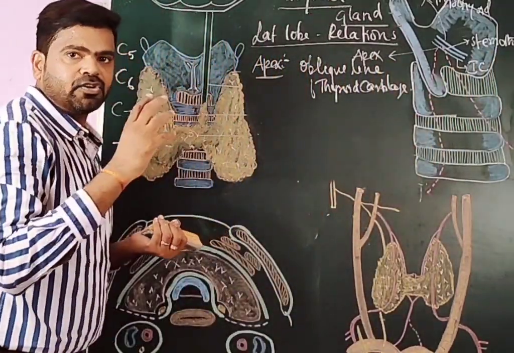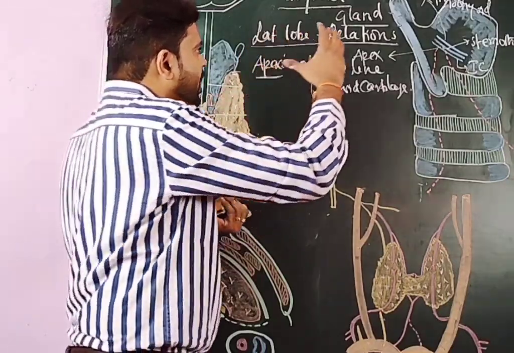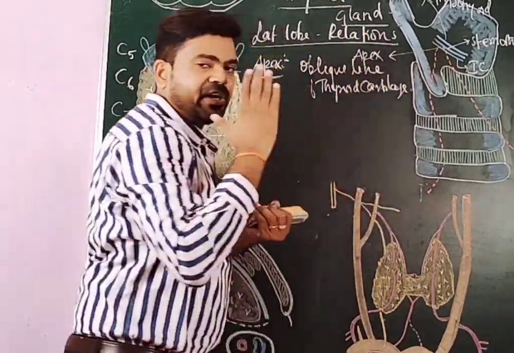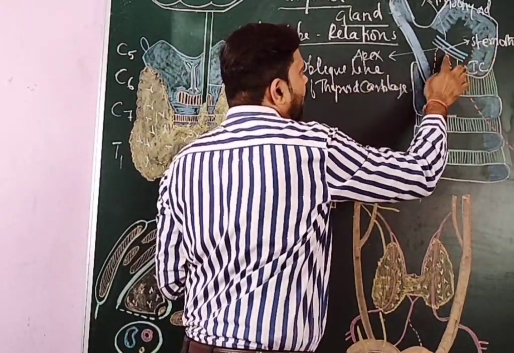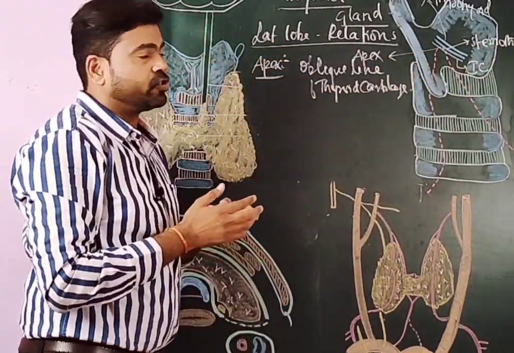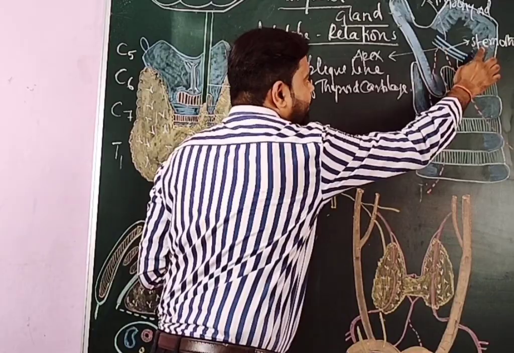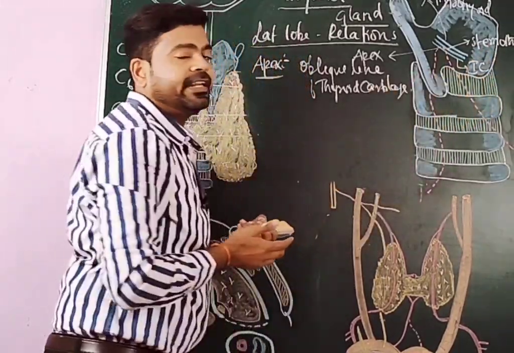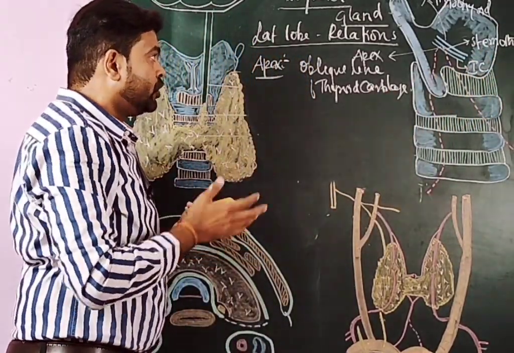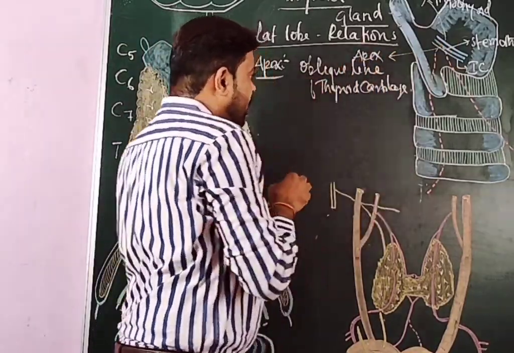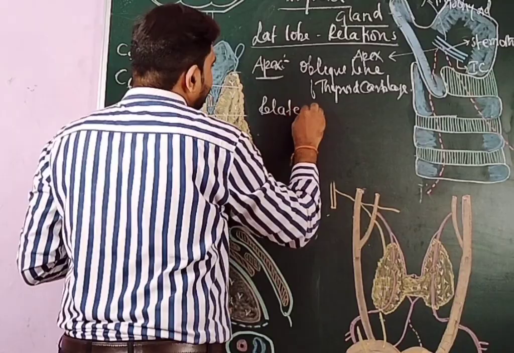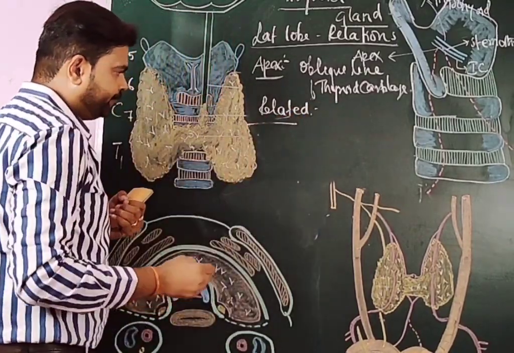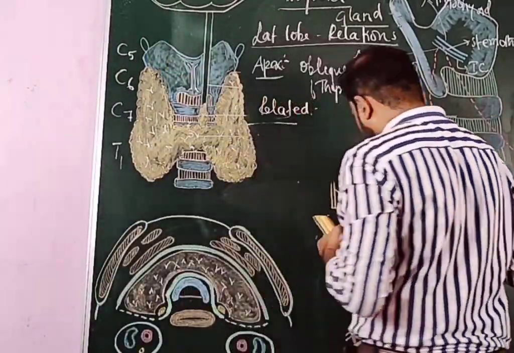So the apex of the thyroid gland extends above up to the oblique line of the thyroid cartilage. It will be sandwiched between the sternothyroid and the inferior constrictor of the pharynx. Here the apex is related to an important artery. We can see this in the diagram. This is the superior thyroid artery.